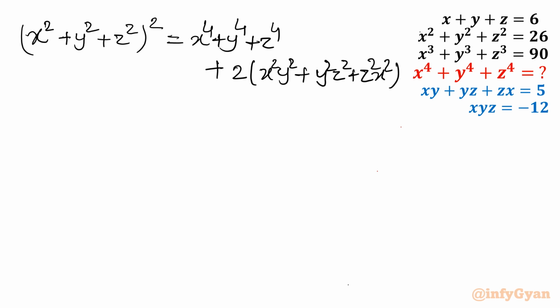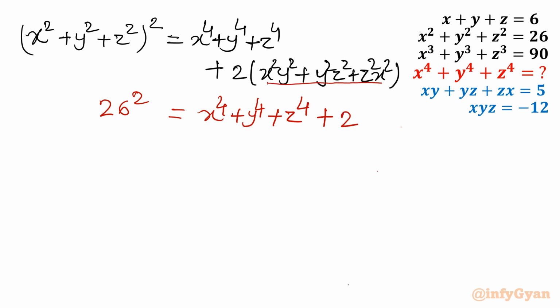Only need to put all the values. Left hand side is 26 square. This is what we have to find out. So x power 4 plus y power 4 plus z power 4 plus 2 times equation number 3, which we just calculated, that is 169.